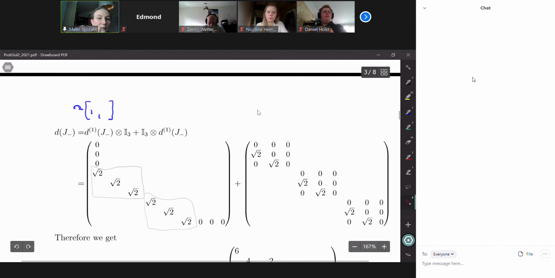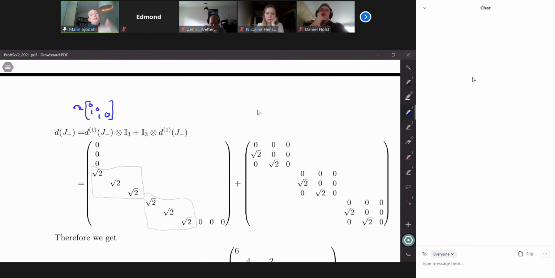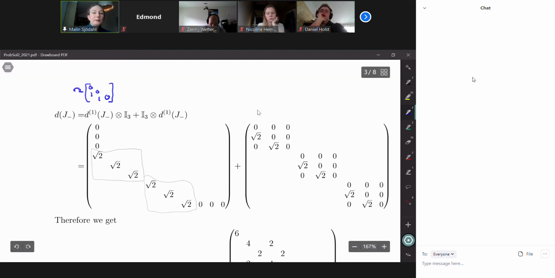So this guy and this guy have the same form. And if you recall, J minus was some matrix that was 0 on the diagonal, and then it had ones one step below the diagonal, and the J plus had ones one step above the diagonal. And then it was a normalization, and that normalization was root 2. So we have root 2s everywhere.